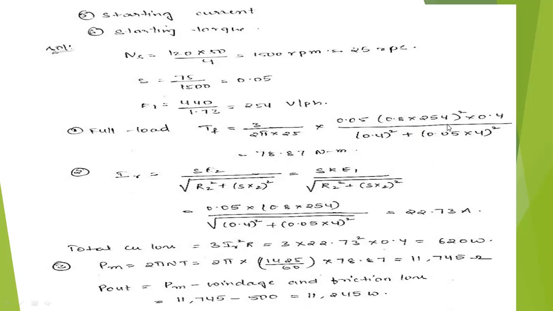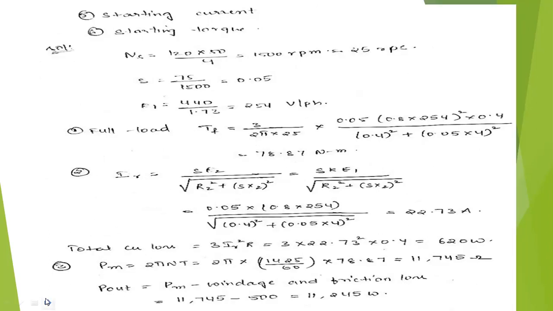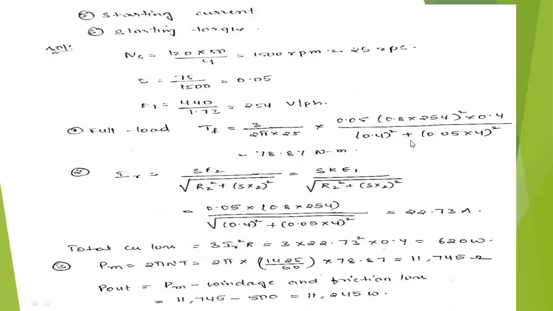E2 is nothing but, see here, E2 from E1 is 440. How do you calculate E2 by transformation ratio K? K is given as 0.8. So E2 will be written as E1 into K.